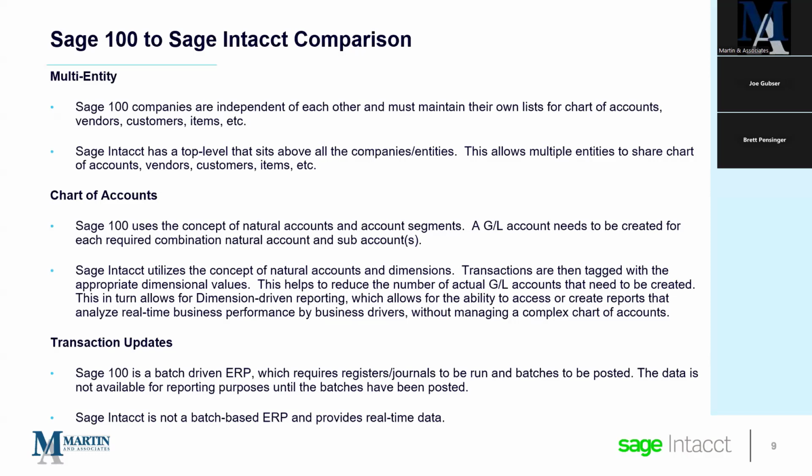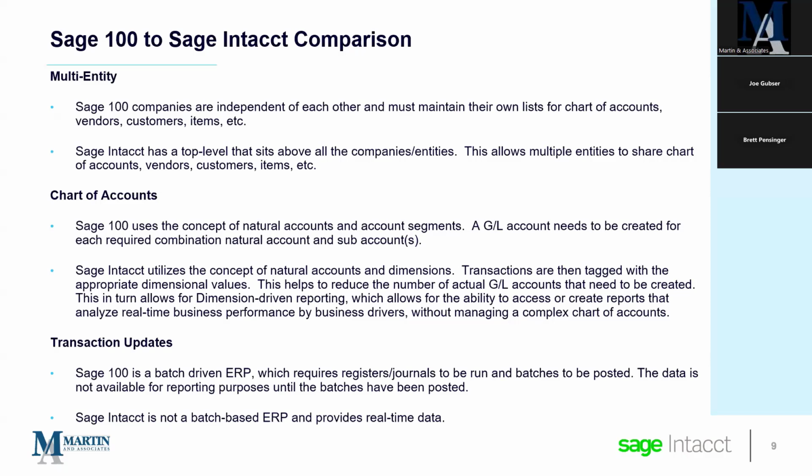Sage Intacct uses what's called a top level that sits above all of your individual companies. It's not a company in and of itself, but it's where you can set up and share across all your entities a chart of accounts, a list of vendors, a list of customers, list of items, on down the line. They all get set up at the top level and then get used across all the companies.